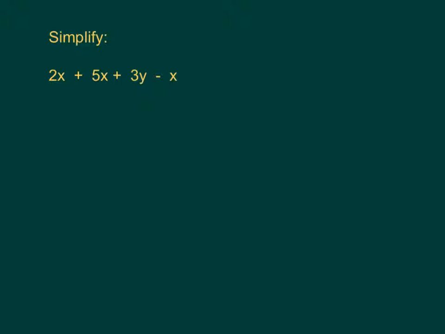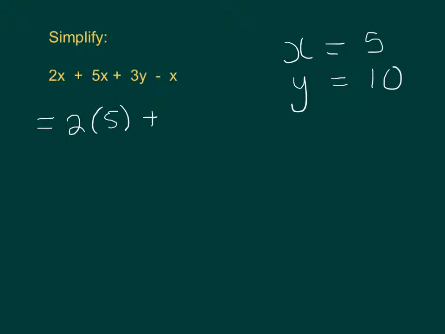Let's pretend that x represents the number 5 and y represents the number 10. By substitution, we could write this sum as 2 groups of 5 plus 5 groups of 5 plus 3 groups of 10 minus 1 group of 5.